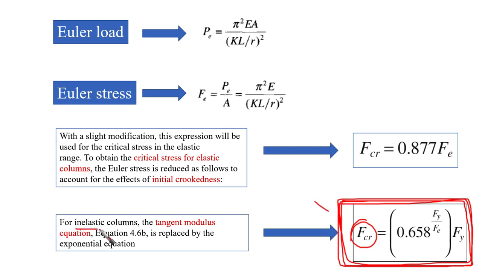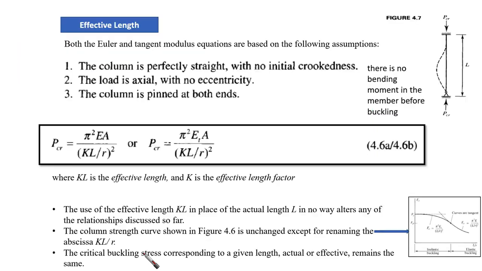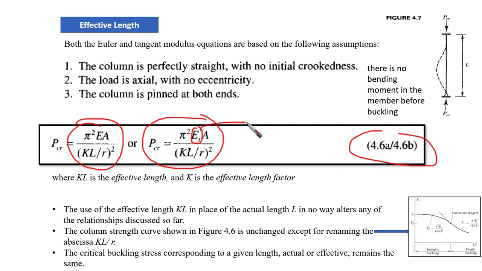For inelastic columns, the tangent modulus equation, which is equation B, 4.6b, is replaced by the exponential equation. Let's go here. We have A and B. Remember, here we have A and B. The A is the effective one for the elastic. This one using Et is for inelastic buckling. This Et is very difficult to calculate and we need a trial and error process and so on.